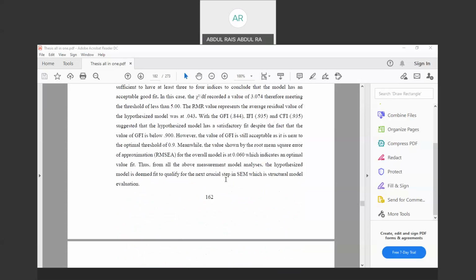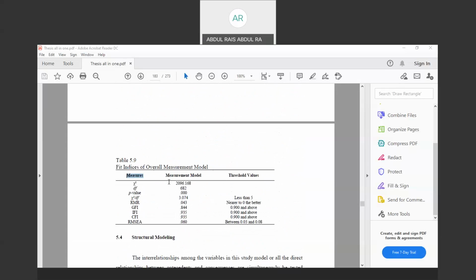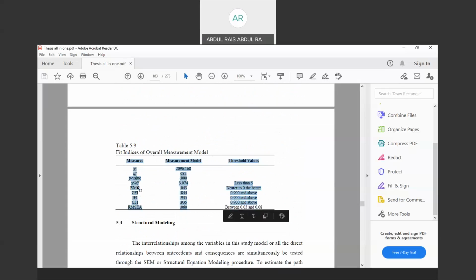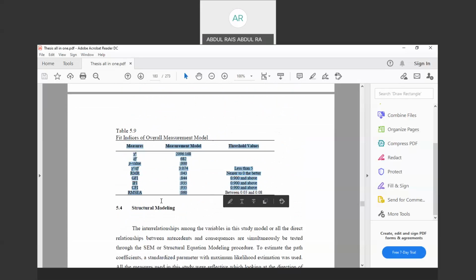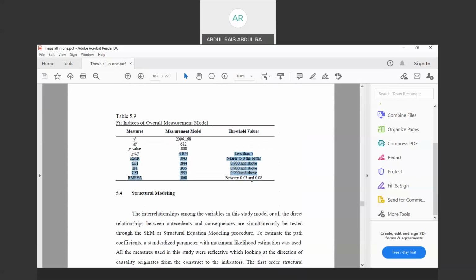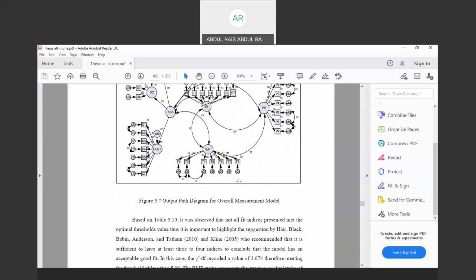So the criteria we are looking at are the chi-square value, the DF value, the P value, the RMR, GFI, CFI, and RMSEA values. These are the minimal thresholds. If you get values above or in between these values, it means that your model is valid and the items that represent the whole model are also valid.